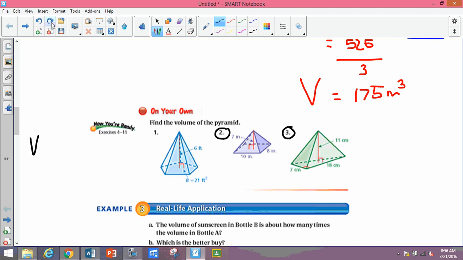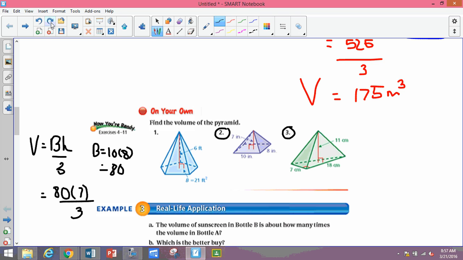Okay, number 2. Volume equals, again, the formula for the volume of a pyramid, the area of the base times the height divided by 3. Our base on number 2 is a rectangle, so you have to find that area. You take 10 times 8, because the area of a rectangle is base times height, and that gives you 80.